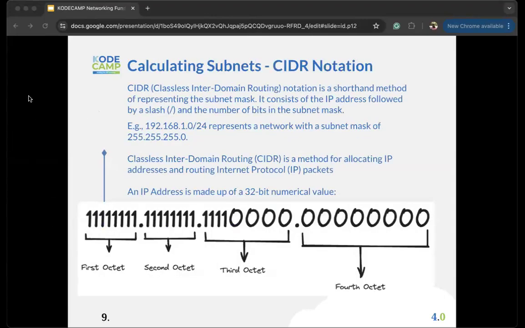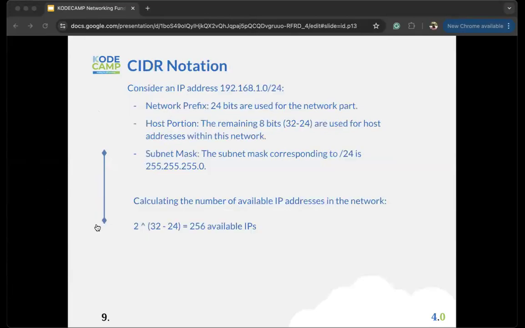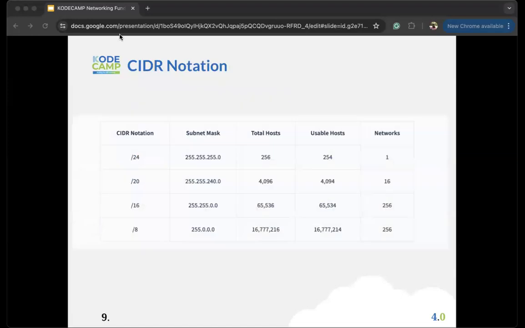So if you have this IP address of 192.168.1.0, you have your host portion as eight values. If you do 2 raised to the power of 8 and get 256, you know that within that network, you have 256 available IP addresses that can be assigned to hosts, right?